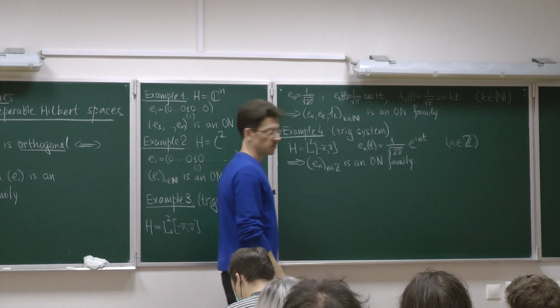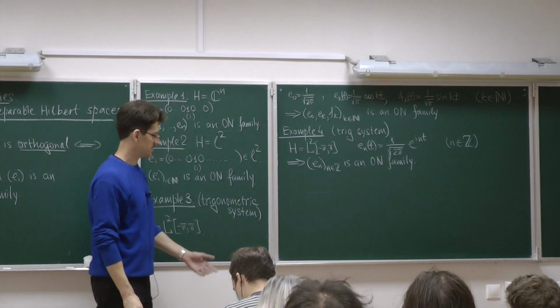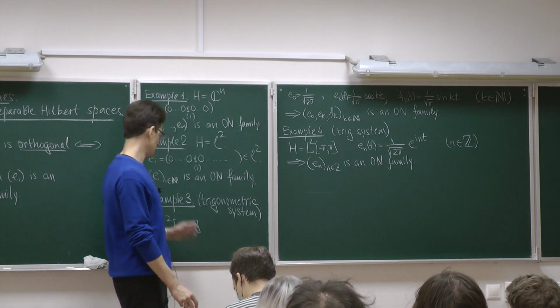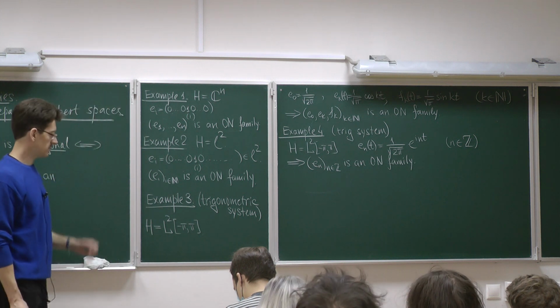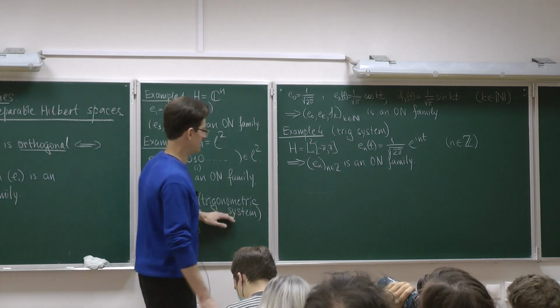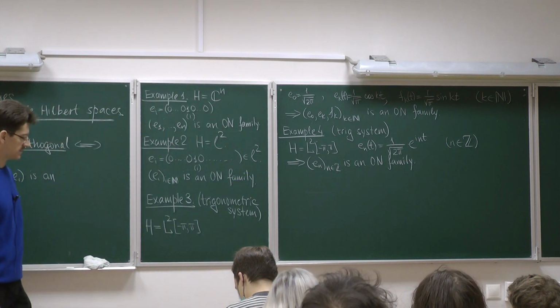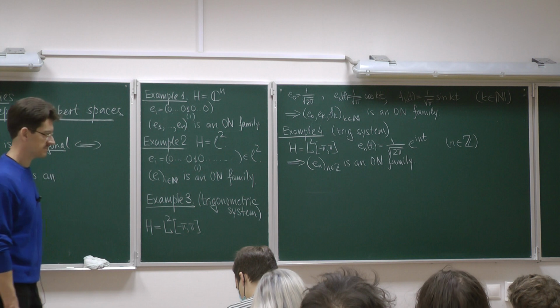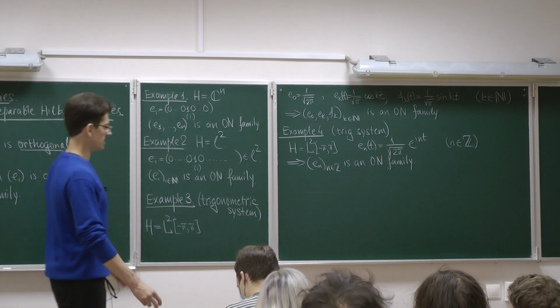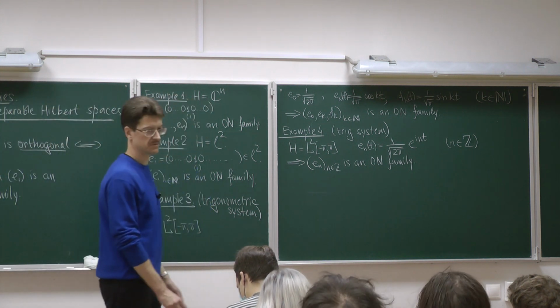This family is also called the trigonometric system. Of course, it is formally different from the system in example 3. But these systems, this one and this one, are related to each other by a very simple unitary transformation. So each of them is usually called the trigonometric system.